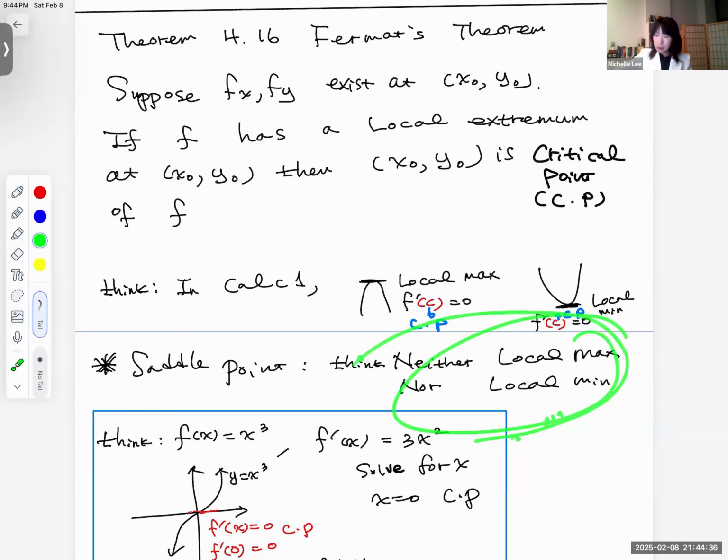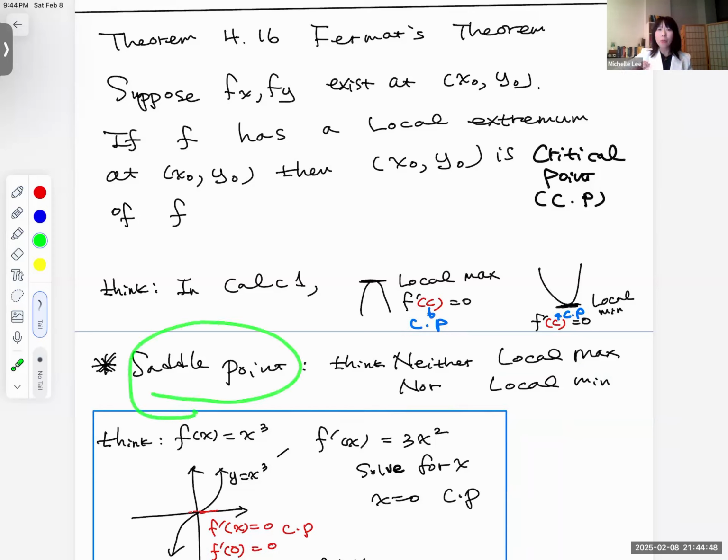We learned this phrase, neither local maximum nor local minimum, but we did not have the word for it. In calculus 3, we have the word. If we don't have a local maximum and we don't have a local minimum, we say that this is a saddle point.